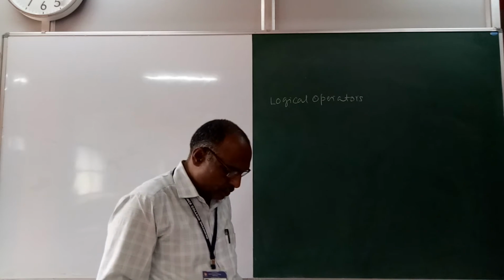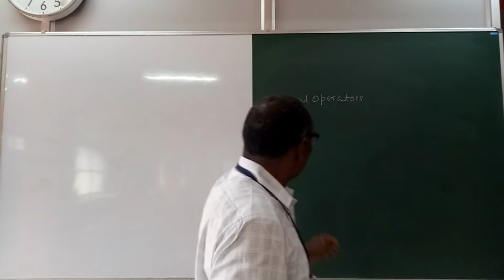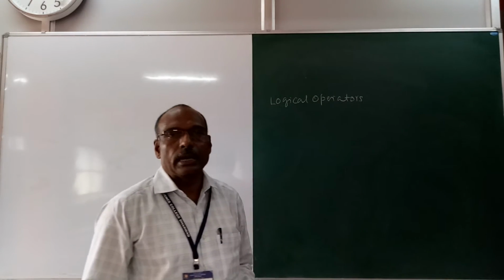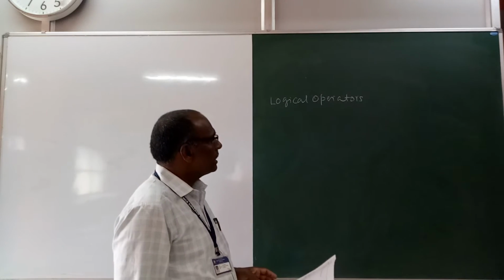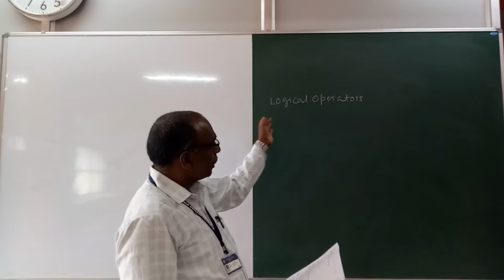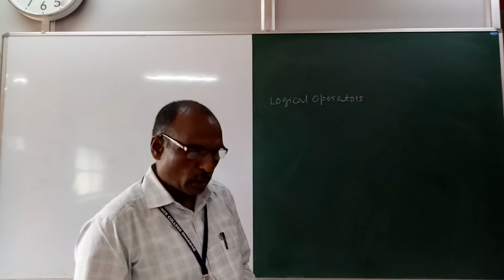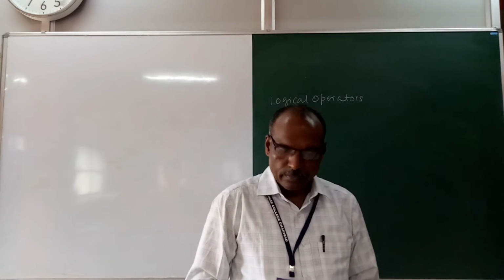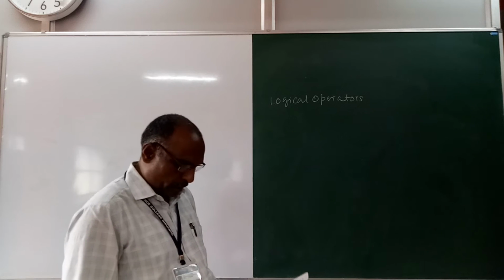In C language, logical operators are a class of C operators, and these logical operators are used to take the decision or to make the decision. And there are three such logical operators.